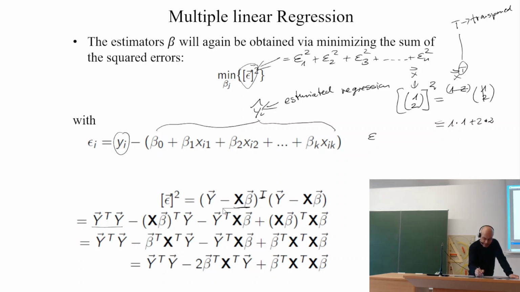So this one comes from here, and this one comes from here. And then, of course, these two, the so-called general square of this product of matrices and vectors.